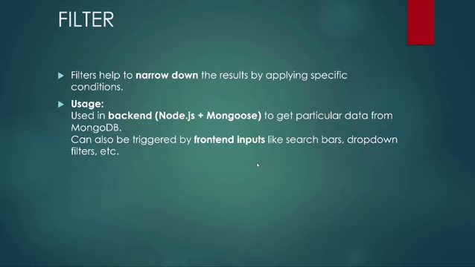In MongoDB, filters are written inside the find method. And filters help us get specific results instead of loading everything. For example, showing only products under 1000 rupees or users from Hyderabad.